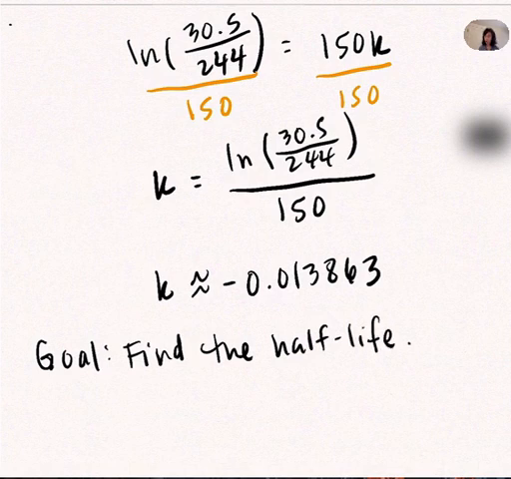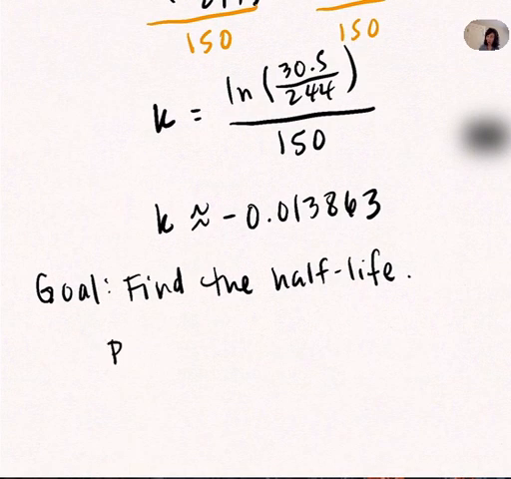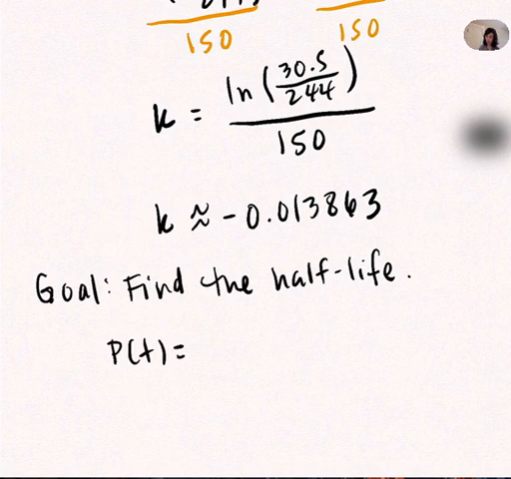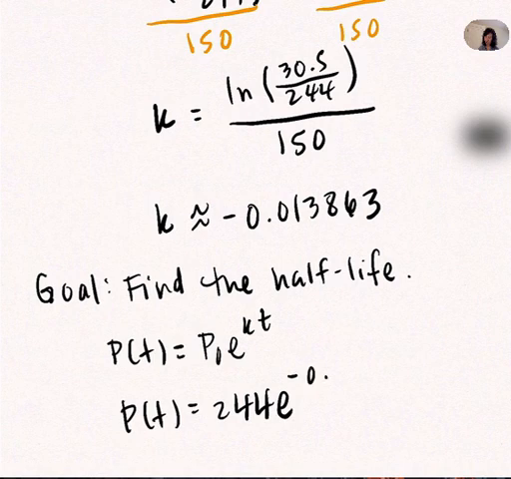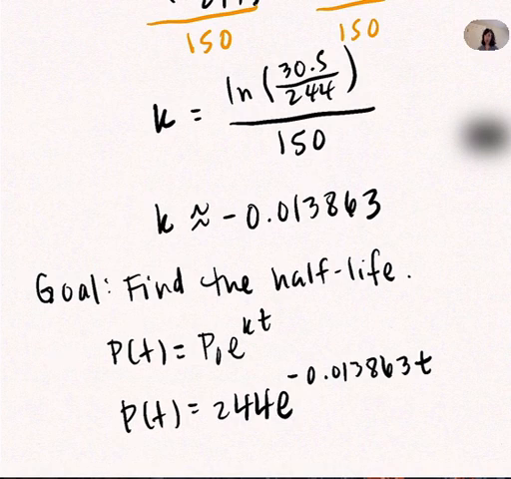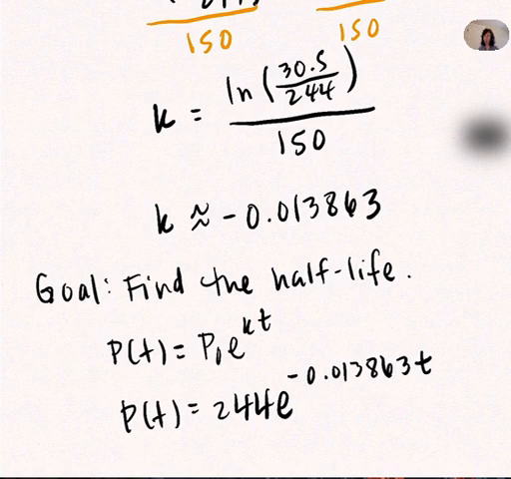Now we know that our general equation for the decay of this substance is P naught e to the kt. And we actually know what P naught is. Remember, it's 244. And now we know what k is, and that's going to be really useful. Here's why. We want to know the amount of time it takes for the substance to decay to half of the original amount.